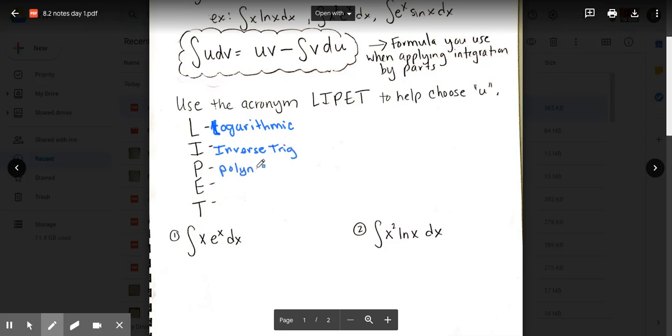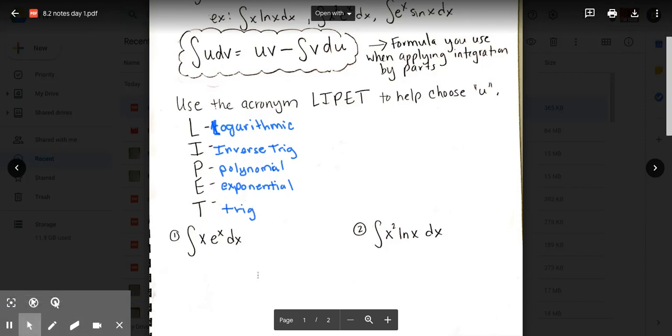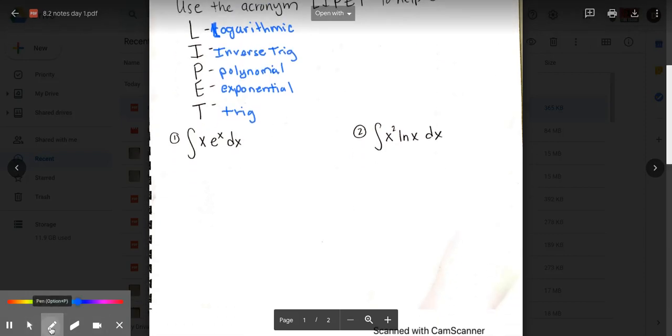Just x to the first is a polynomial. So x to the first, x squared, polynomial. E stands for exponential. And T stands for trig. That's how you pick your u. That's the order you pick u. So let's just put that into place here.